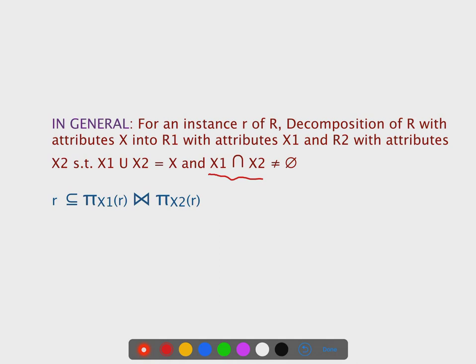And when we do a natural join based on an instance of R, denoted by lowercase r, in general, the natural join will be either equal to the original instance or it will have more rows. But we would like the natural join to always be equal to the original relation instance. If this is so, we have lossless join decomposition.